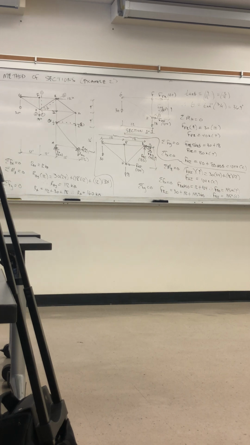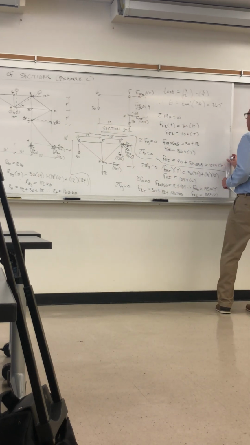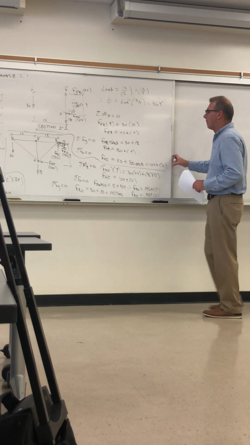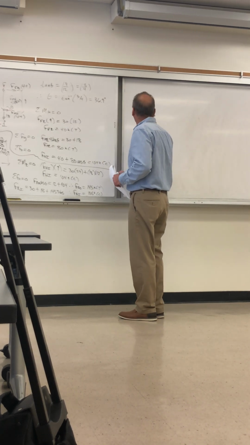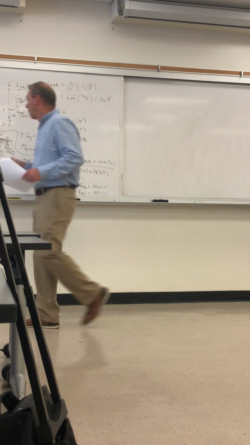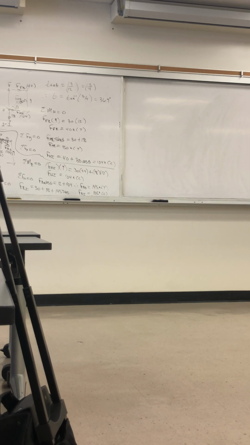Then section 3.3. Now we have the horizontal cut, and it's just above C and J. So instead of going from here to here, we're going to go from here up to that point.